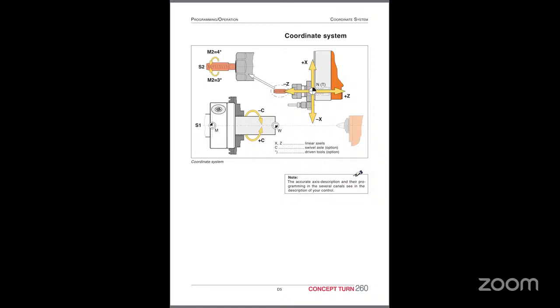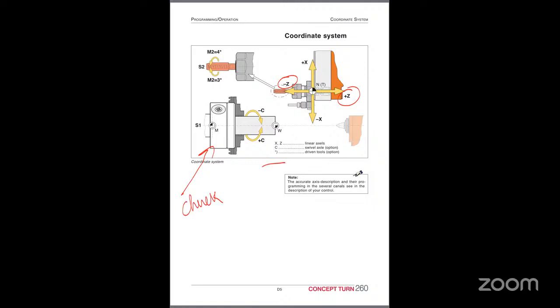Then the next axis is called z-axis, plus z and minus z. This is the direction of the spindle. So plus z means, for example, toward the tailstock, and minus z means toward the chuck. For example, this is the chuck, right?